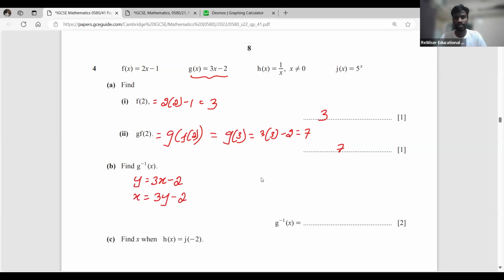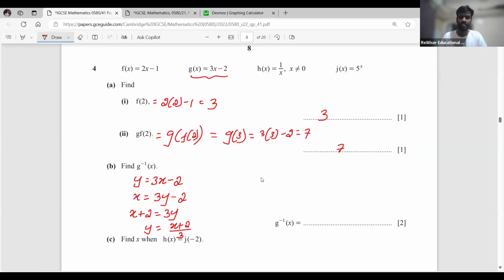Then we have to make y the subject. So when this minus 2 goes to the other side, x plus 2 is equal to 3 times y. Then y is equal to x plus 2 over 3. And this will act as the inverse function. So g inverse of x is going to be x plus 2 over 3.